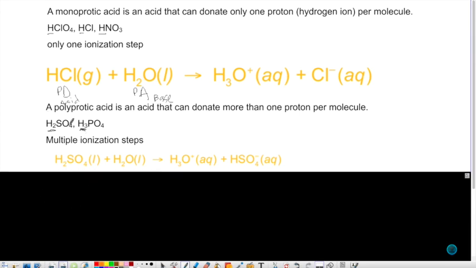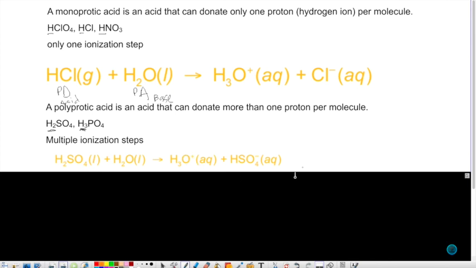So, for example, sulfuric acid would have two ionization steps because it can lose two protons. The first ionization step is H2SO4 plus H2O yields H3O plus and HSO4 minus. Notice that the net charge on the reactant side is 0, and the net charge on the product side is 0.